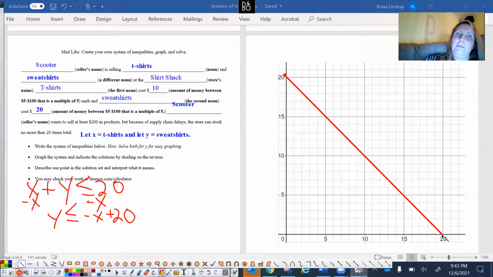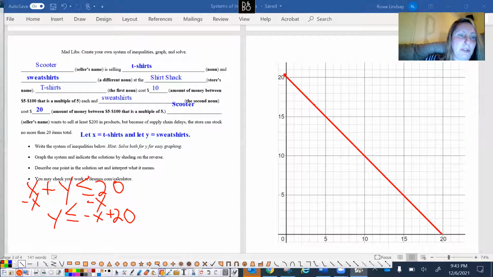Nice. There we go. So hypothetically, Scooter could sell just 0 of the t-shirts and 20 of the sweatshirts, right? Because he can stock no more than 20 items for whatever reason. And he could also sell 20 of the t-shirts and 0 of the sweatshirts, okay?